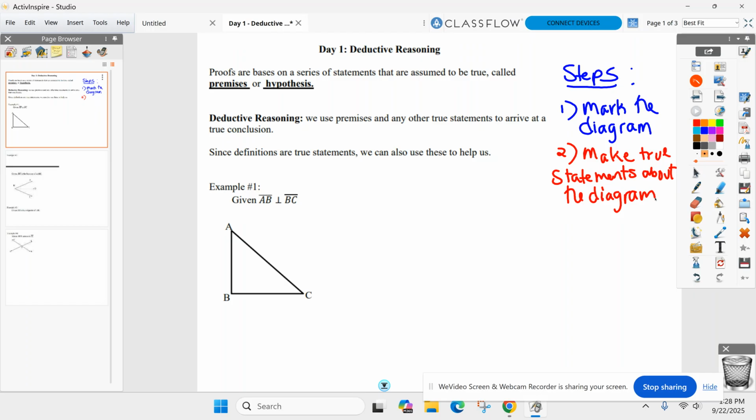What's true about the diagram. And then finally, and this is going to be the toughest part, and this is where I'm going to help everybody out today, is the why. Why are your statements true? It's going to be the tough part.